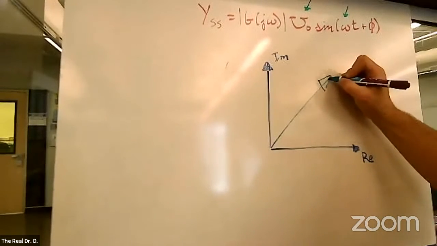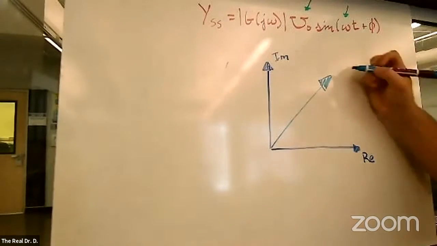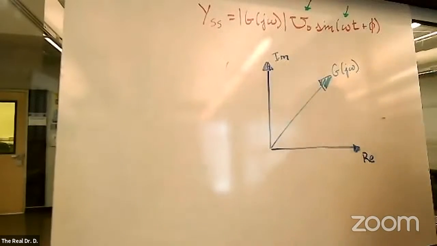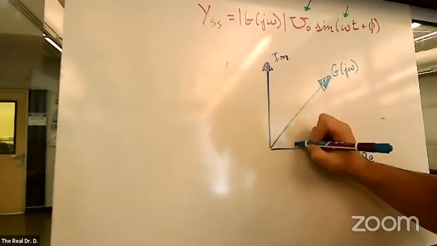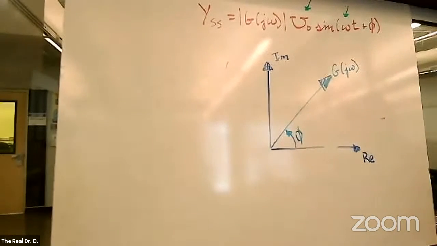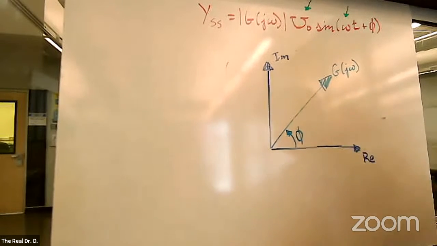Imagine for a second that I have this vector in my S plane. And this is G of j omega, right? And we know that it is phi degrees, phi radians, phi degrees, whatever, from the real axis, right? That's what we know.